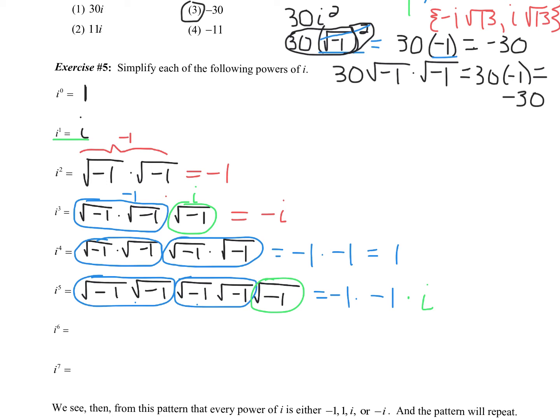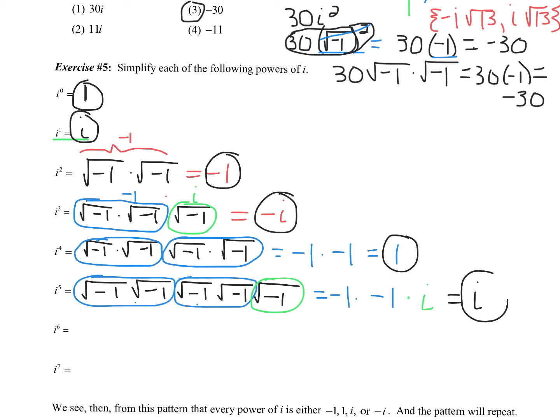So -1 times -1 times i, that's going to give me +1, times i is just i. So far I have 1, i, -1, -i. I have 1, I have i. So we're starting to see a possible pattern.